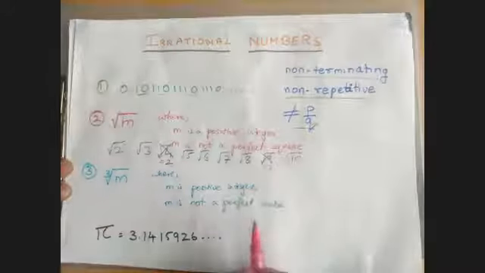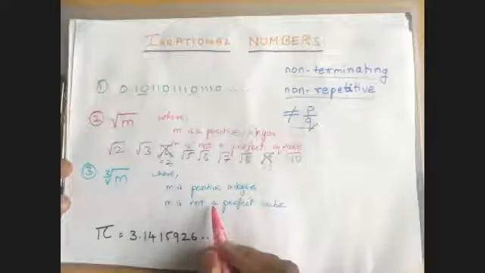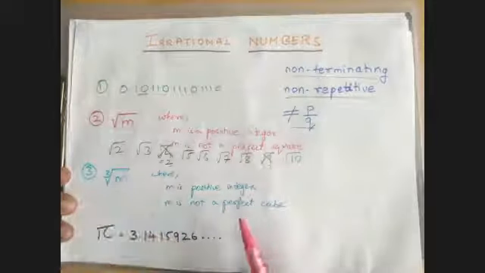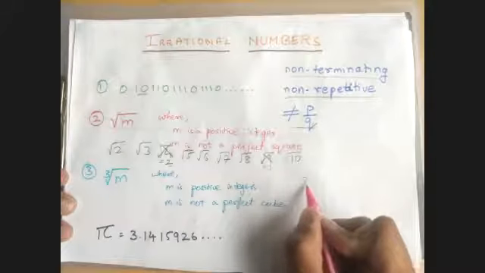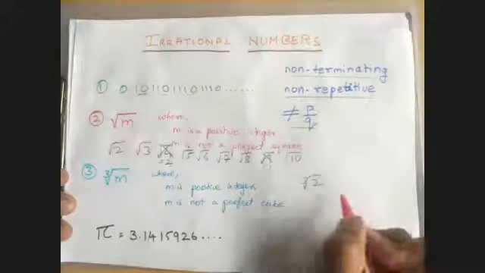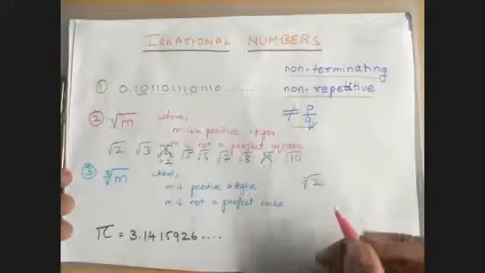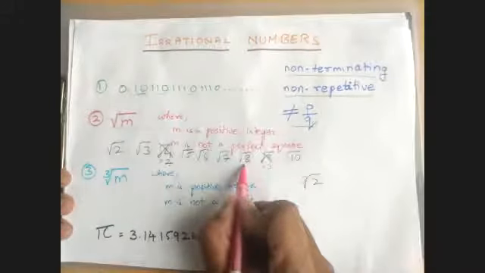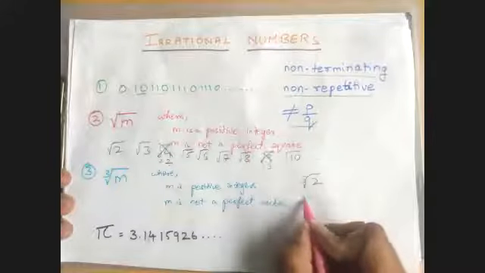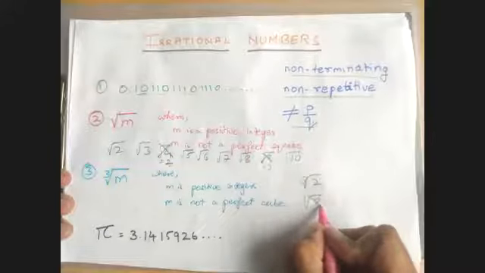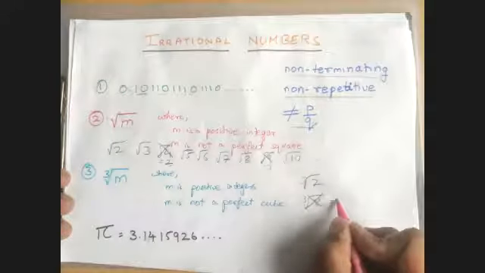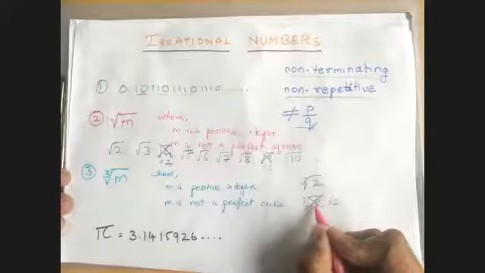Another example might be cube root. Let us take cube root of 2, which is an irrational number. Here root 8 was an irrational number, but cube root of 8 is not an irrational number, because cube root of 8 is equal to 2. 2 cube is 8.